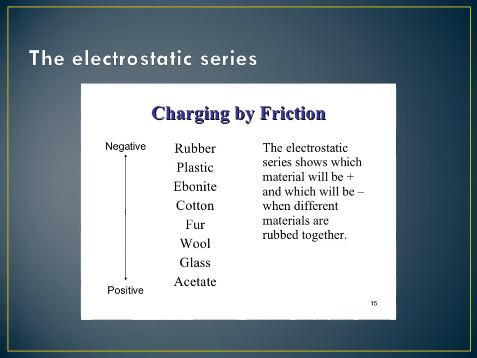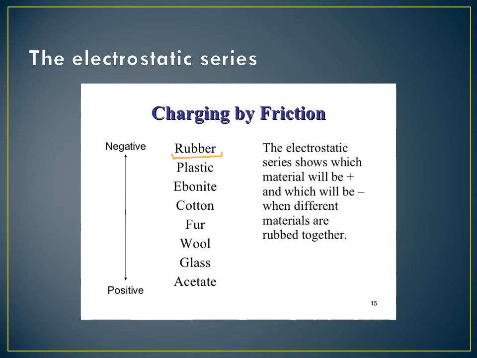The electrostatic series is just an experimental table that scientists have figured out, showing which materials tend to steal electrons in this friction charging process. Some materials really, really love electrons, and when you rub them on things, almost regardless of what you're rubbing them on, they're going to grab electrons. For example, rubber has a really negative affinity. It really likes negative charges, so rubber is going to grab electrons from almost anything.